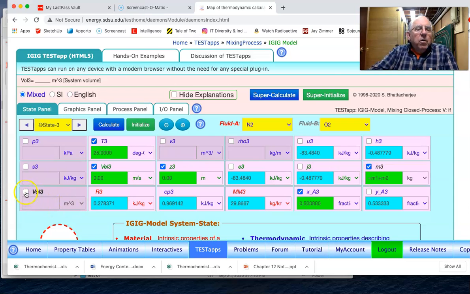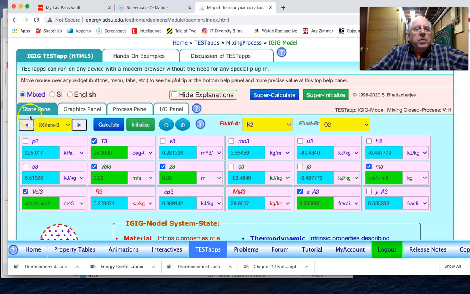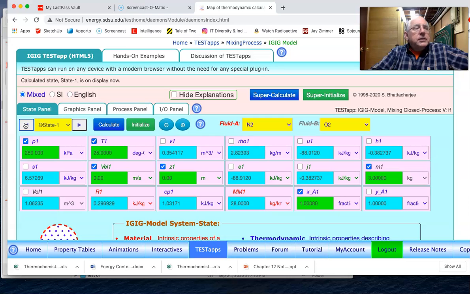We also know, due to volumetric constraints, that the final volume is equal to volume 1 plus volume 2. And so that final volume is what we had before, 0.344 plus another 1.06. And so our final volume is given by that.